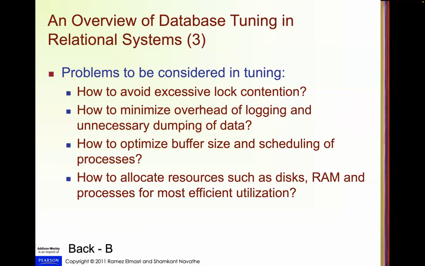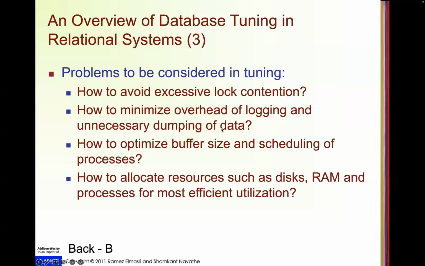So in order to avoid excessive lock contention, it is very important for the DBMS to look at how to avoid it. Otherwise, the other transactions have to wait. The second one says how to minimize the overhead of logging and unnecessary dumping of the data.